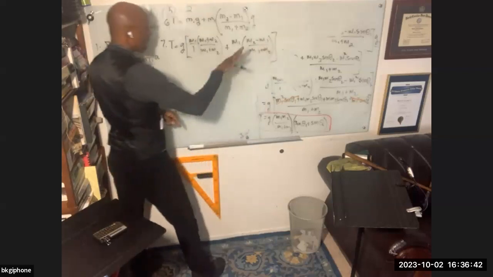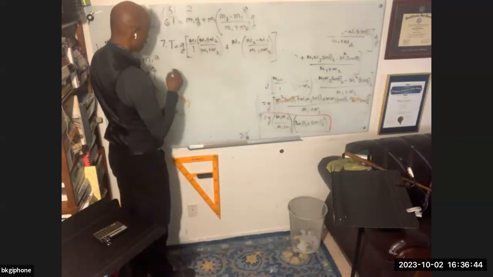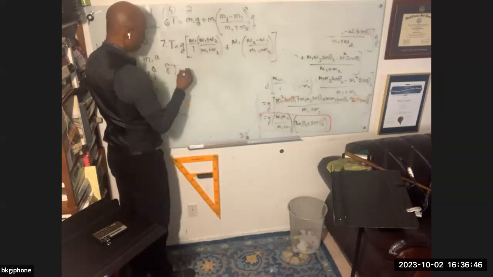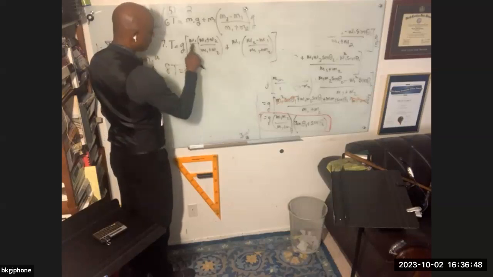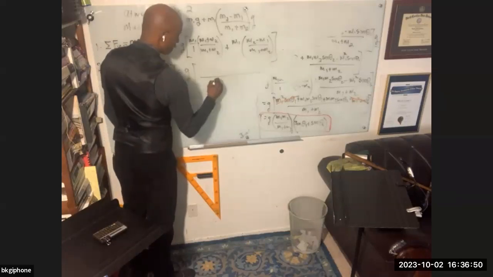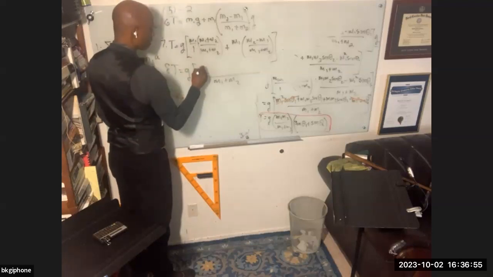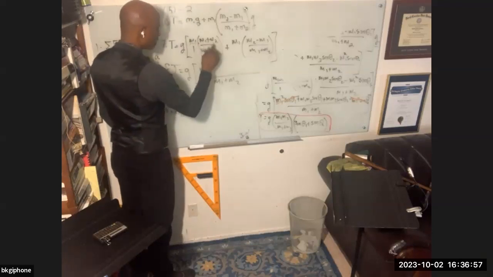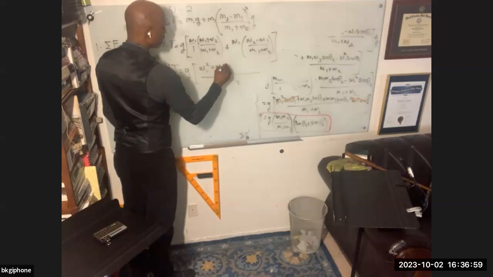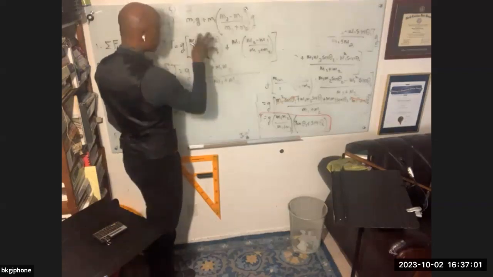Okay. So now I want to get the 4 terms out again. T is equal to G times here, and the denominator is just going to be M1 plus M2. Now here, M1 times M1 is M1 squared. M1 times M2 is plus M1 M2. So that one comes from this term.